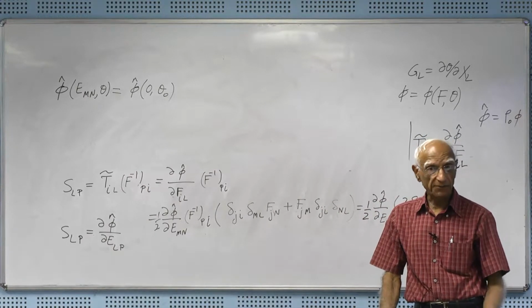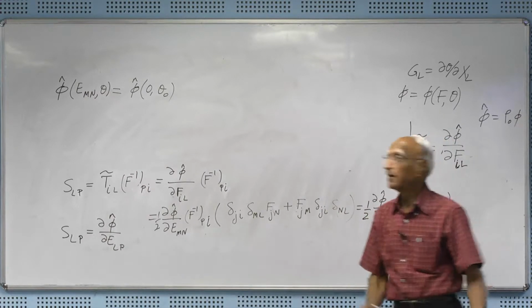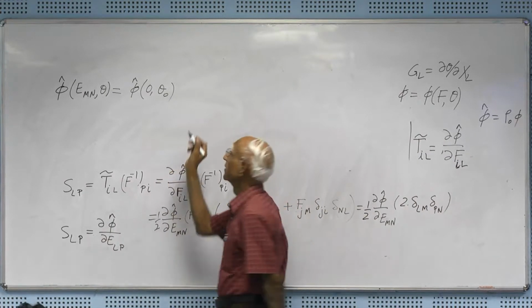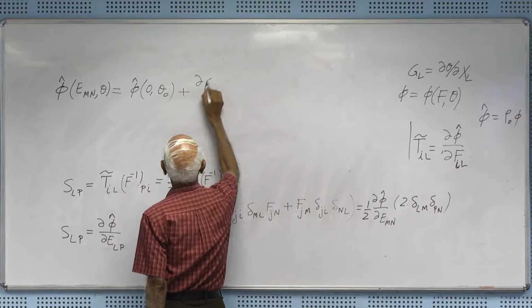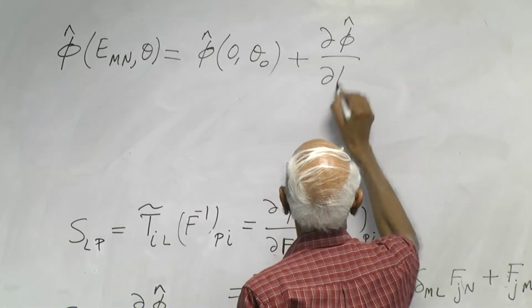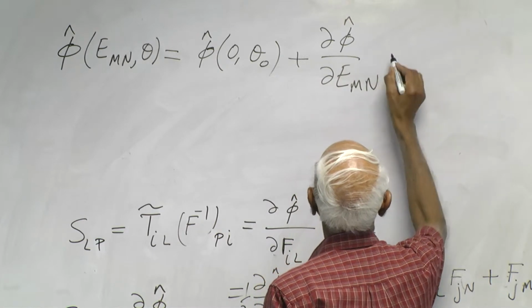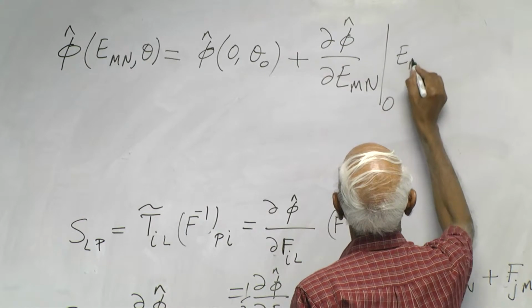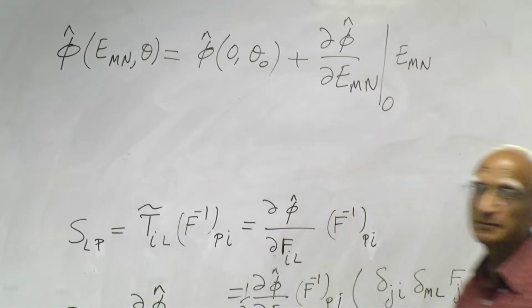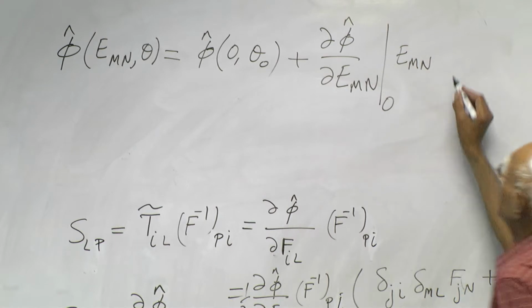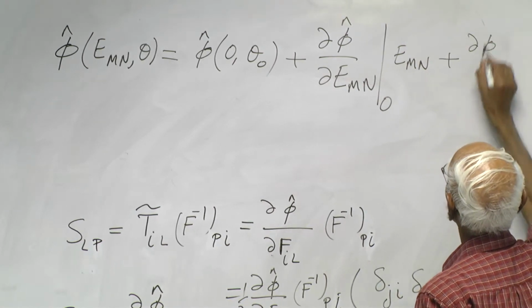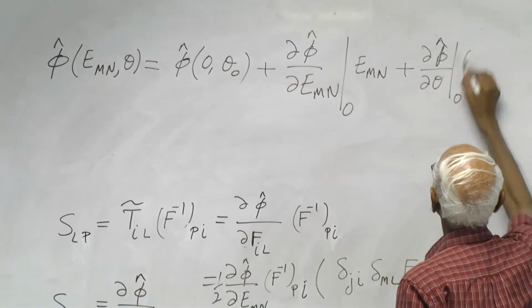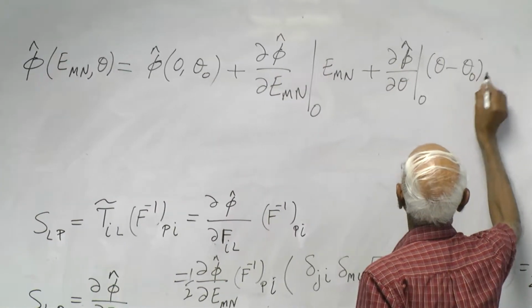E is 0 in the reference configuration. And I'm sorry, is there any question? Okay. Then the next term will be delta phi hat over delta E m n, evaluated in the reference configuration, times E m n, plus delta phi hat over delta theta, again in the reference configuration, times theta minus theta 0.